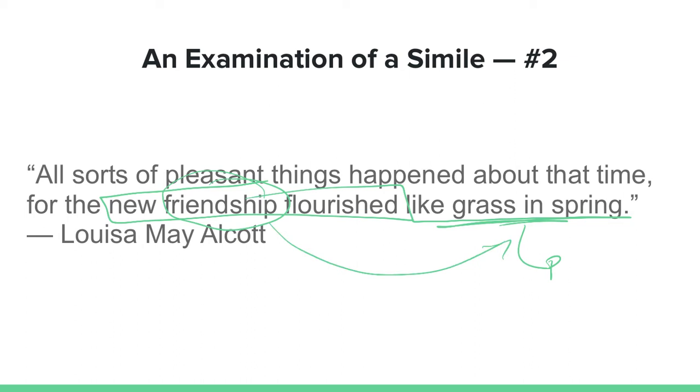Well, grass grows in the spring, and it's fresh, and we wait for that grass to grow because we've just gone through winter. There's a lot of things loaded when you compare something with a season, because spring means there's a newness. Things are coming back alive again, or they feel that way anyway. So this comparison makes it sound like this person needed a friendship. They've been waiting for a new friendship. And so when it finally comes, it feels like springtime. It's a good simile.